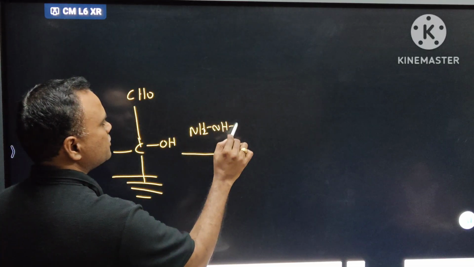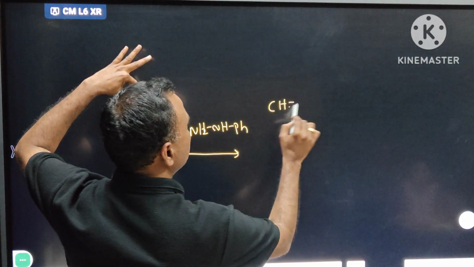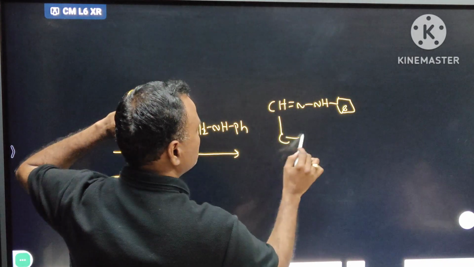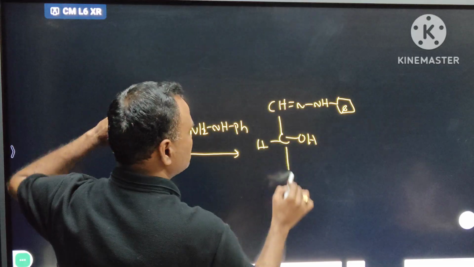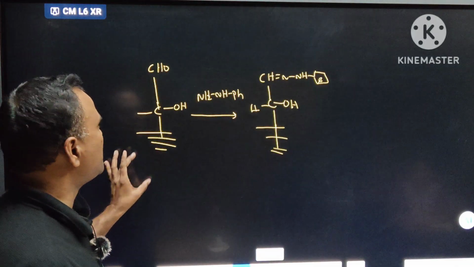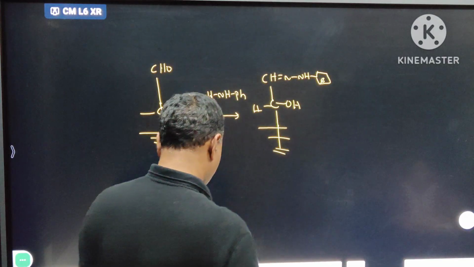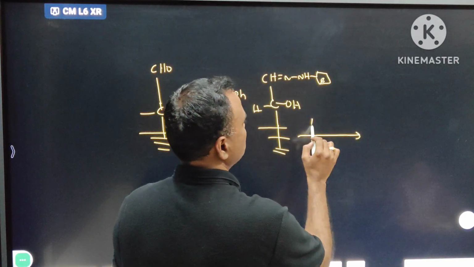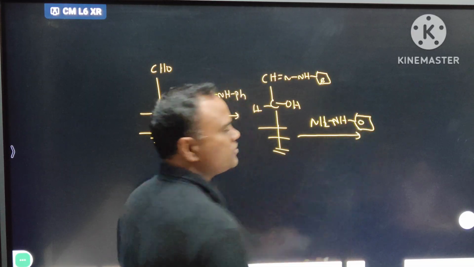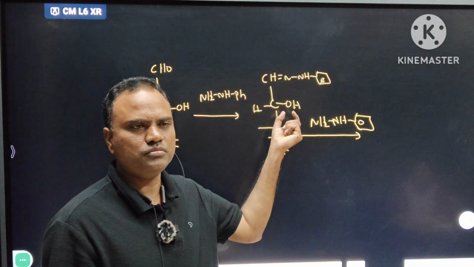NH2NHPh: the first mole reacts with the aldehyde, giving CH=N-NHPh. Clear? The first mole is consumed to react with the CHO. The second mole is utilized to oxidize the OH group.